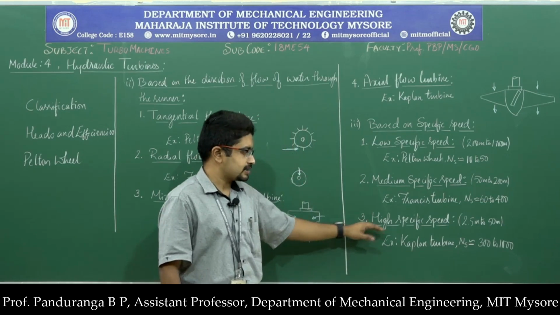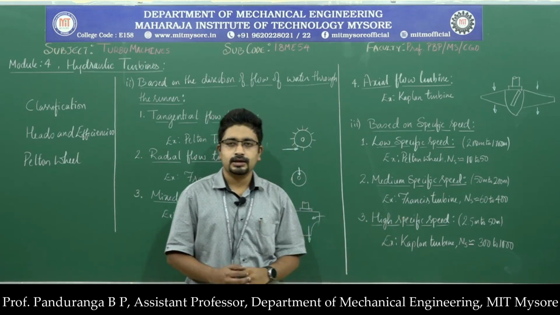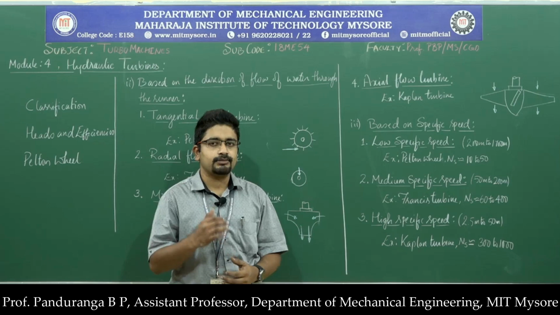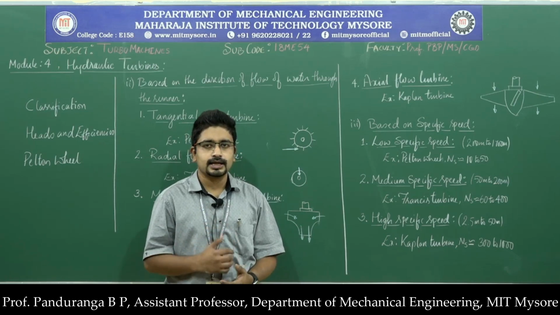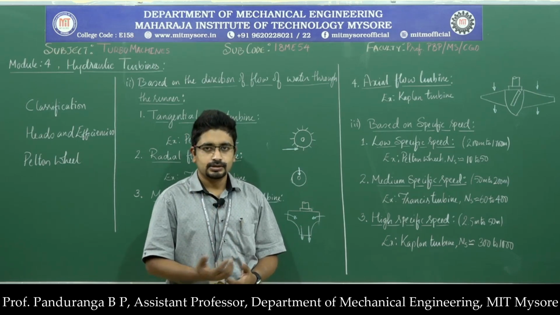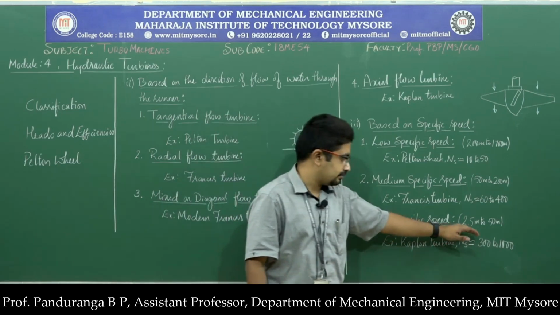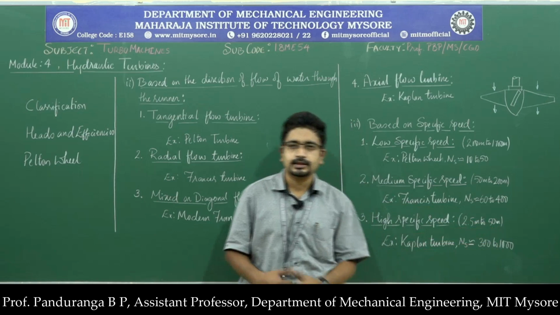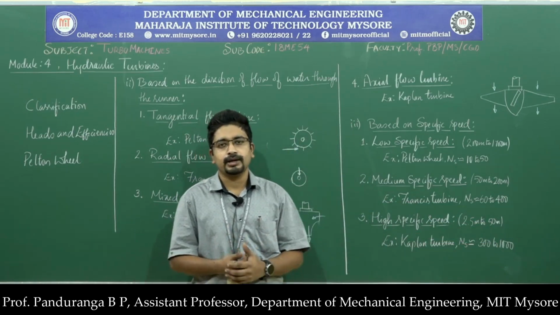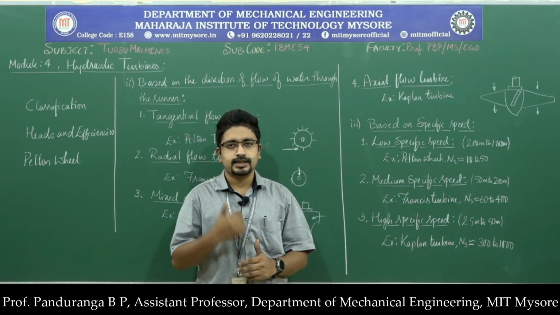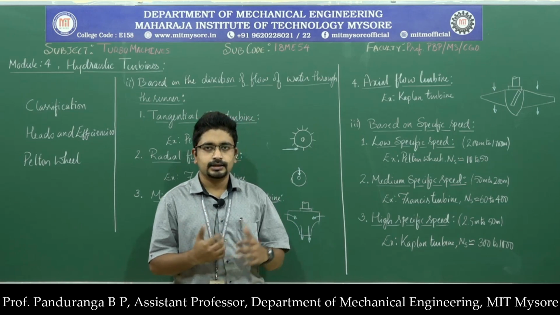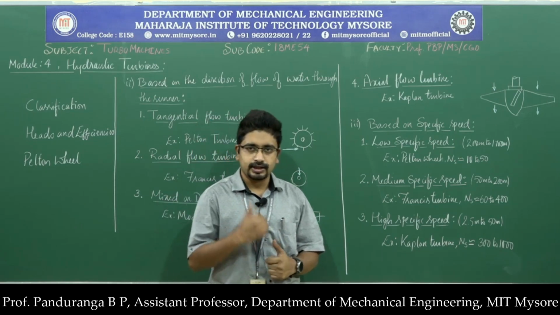Then we have high specific speed turbines, where the head available is very low and the discharge is very high. Because the head is around 2.5 to 50 meters, they are called low head turbines. But at the same time, since the head is very low, the denominator of the specific speed is very small.